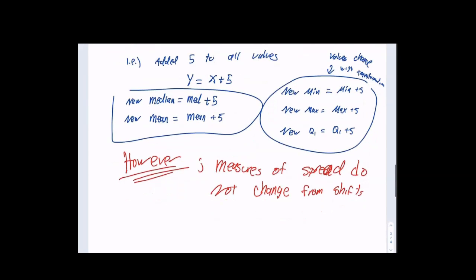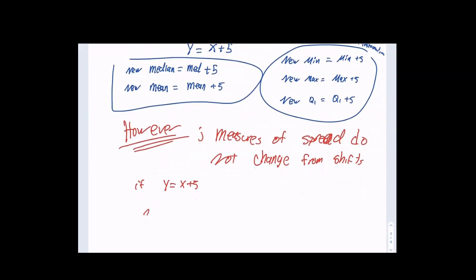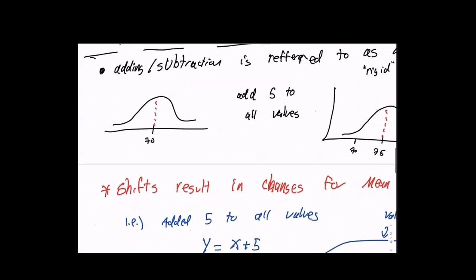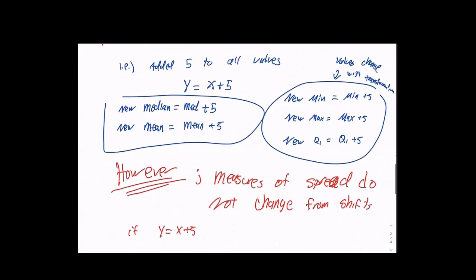So if the transformation is add 5, what is my new standard deviation for my new data? How has the spread, the spreadiness of the data, changed if I added 5 to all of the values?